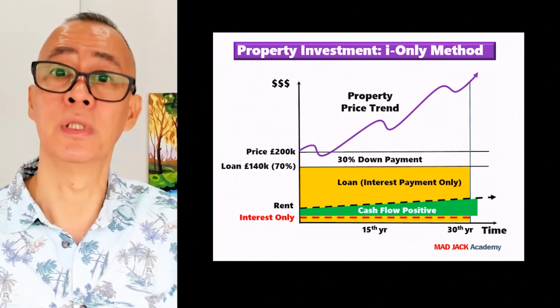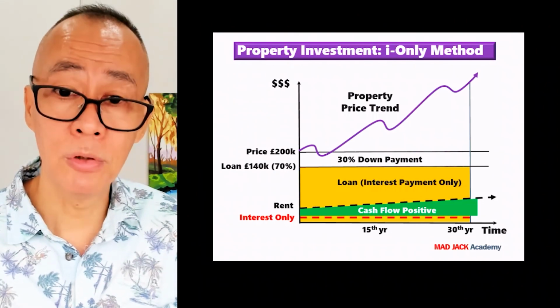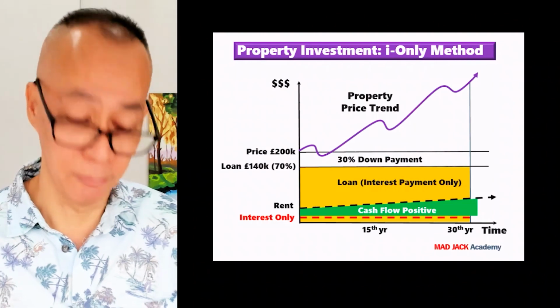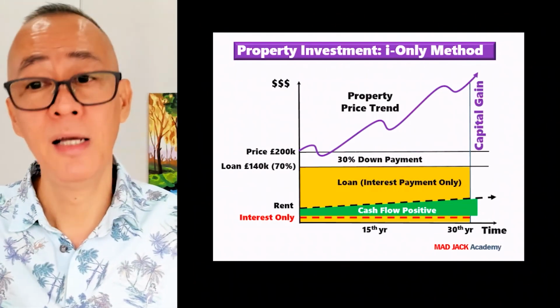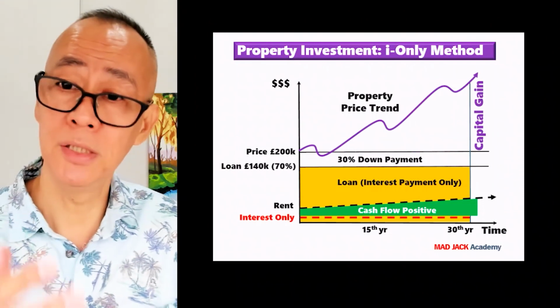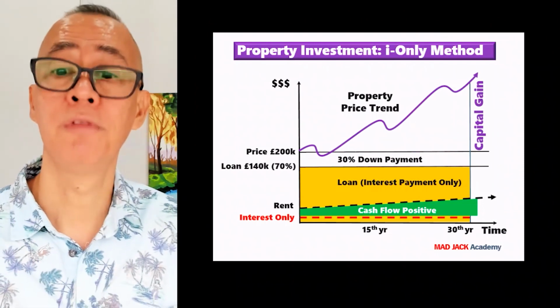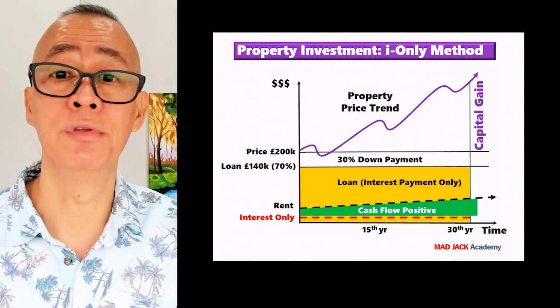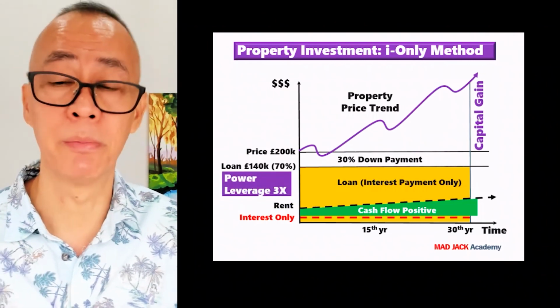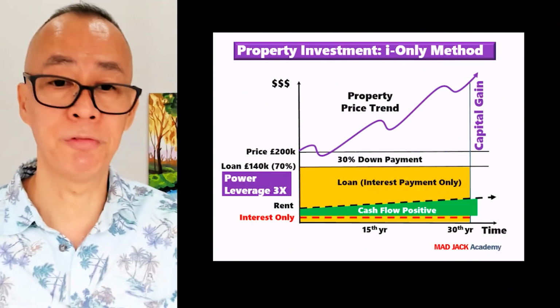You're in it for the cash flow, so that the load is very light. Then the most exciting part, capital gain. So you have capital gain, you have cash flow, and thirdly, you have the currency gain also. If you sell the property and its value has gone up very high, this is perfect for you.